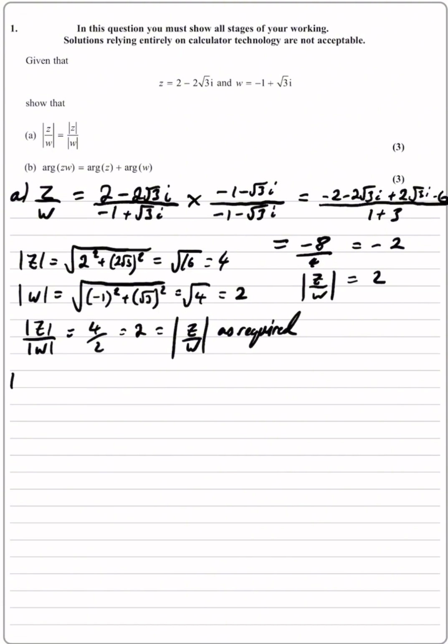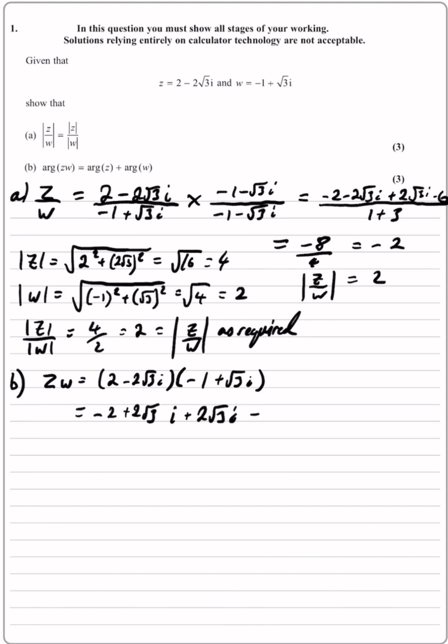Okay, for part B, the argument of zw, is that equal to the argument of z plus the argument of w? Well, we'll work out each one of them. So zw, z times w, 2 minus 2 root 3i times by -1 plus root 3i is the same as -2 plus 2 root 3i plus 2 root 3i plus 6.